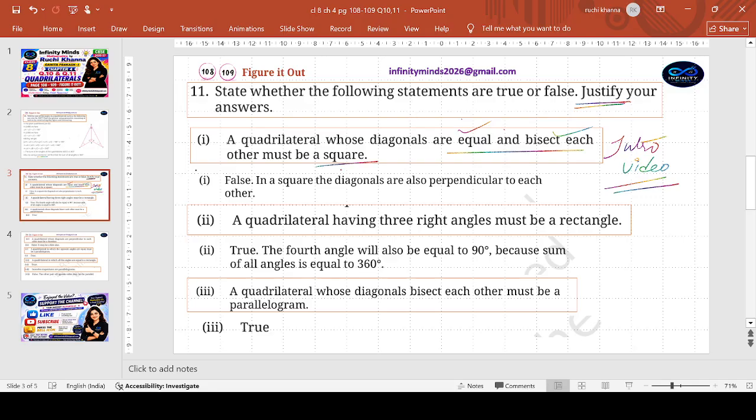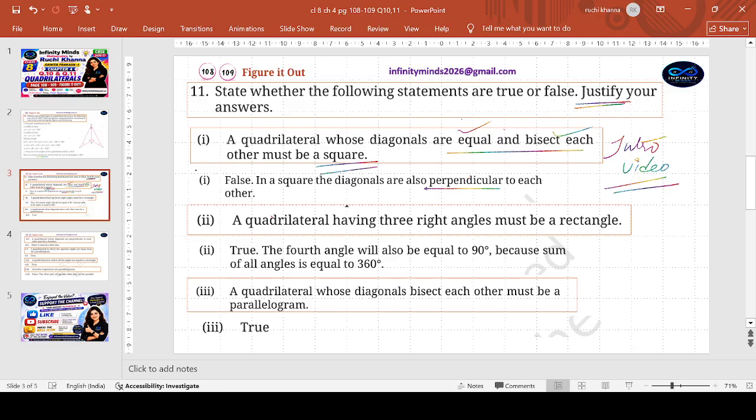The other could be you talk about the square. For something to be a square, it's not sufficient for diagonals to be equal and bisect, they should be perpendicular to each other as well. Perpendicular bisector is what we look at. So square will not be correct, it's incomplete, insufficient. The perpendicular condition should also be given. I hope that is clear.